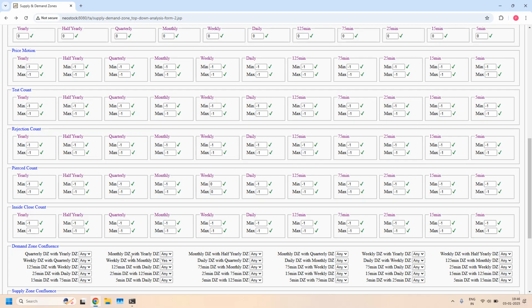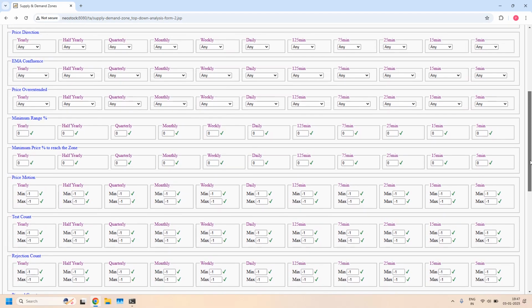Already 1 filter and 2 more we need to add. Weekly and monthly zone confluence is added. Next, weekly and quarterly zone confluence, and monthly and quarterly demand zone confluence. With all the 3 filters, LTF, ITF, HTF zone confluence.